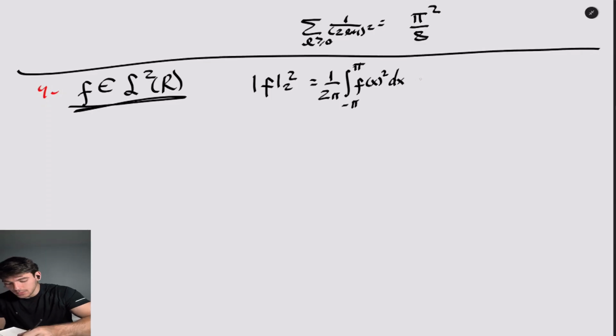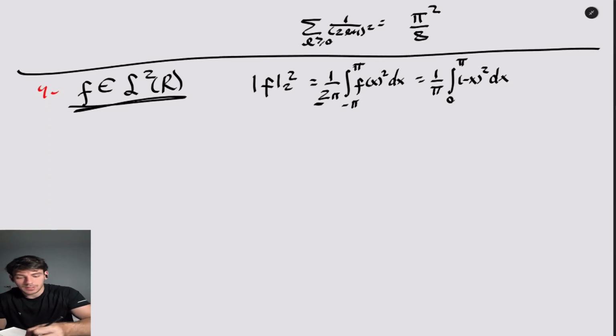dx. Okay, so f of x is pair. A pair function squared is pair times pair. That's a pair function. Symmetric interval, you can multiply it by 2. So this 2 here will cut out. So we have 1 divided by pi. The interval cuts in half. The value of the function f of x from 0 to pi is minus x. So you'll have that squared dx.